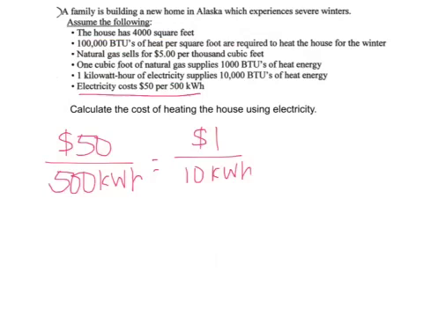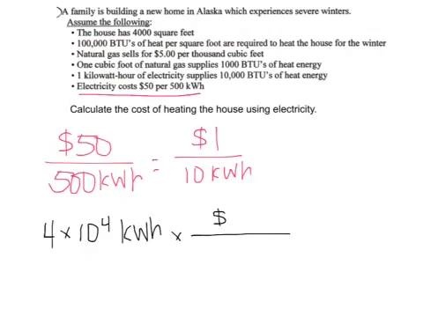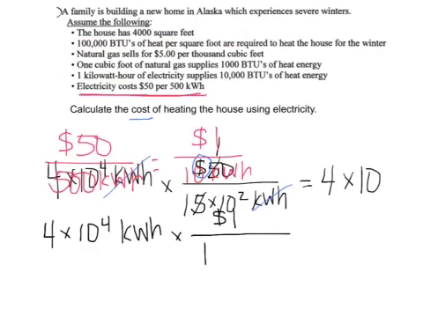So we're going to use our information from the previous problem, which was 4 times 10 to the fourth kilowatt hours of electricity provided to heat the house for the winter. And we could say it's going to cost $1 for every, and I'm going to put it into scientific notation because I love it, so 10 is 1 times 10 to the first kilowatt hours.